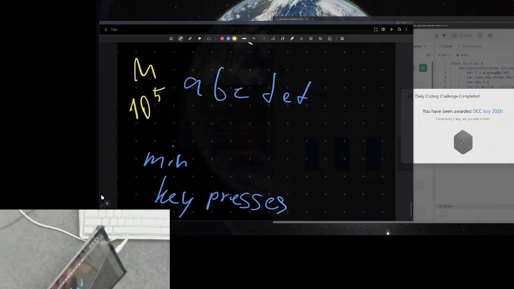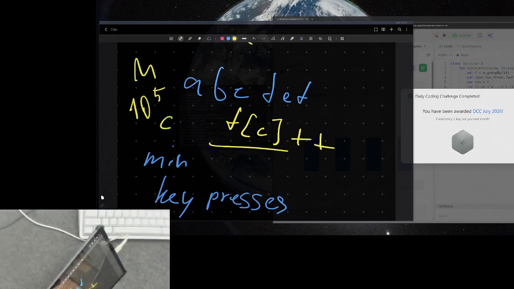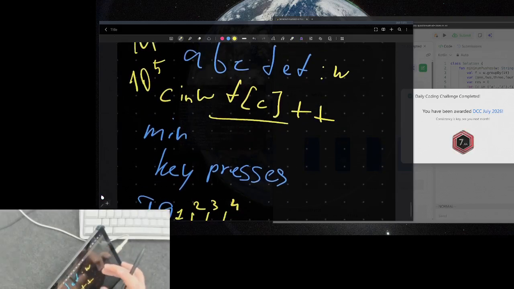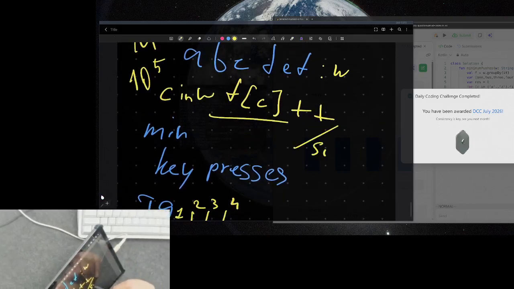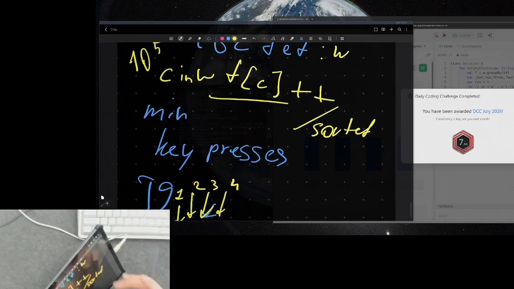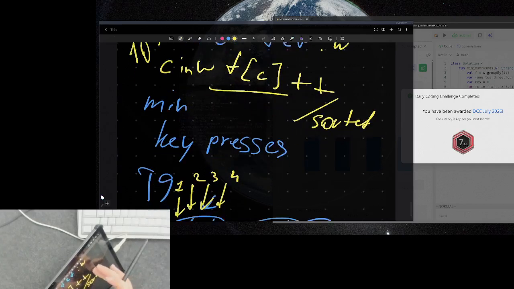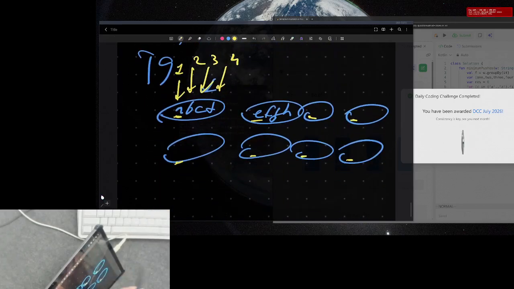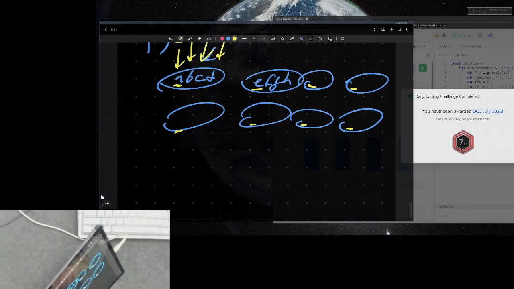To find these letters, we find the frequency of each character in the string. Those have to be sorted, and we take the biggest frequency, and yep, the first 8 letters go to the first row, and we just add to the result the current frequency of the letter.